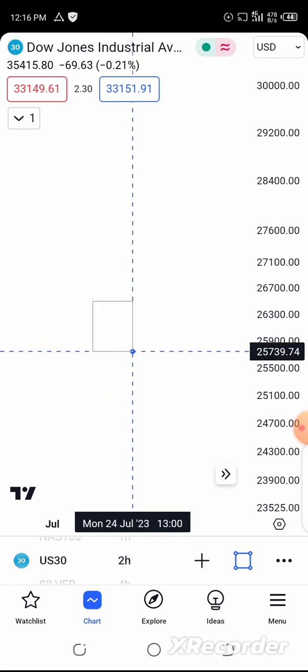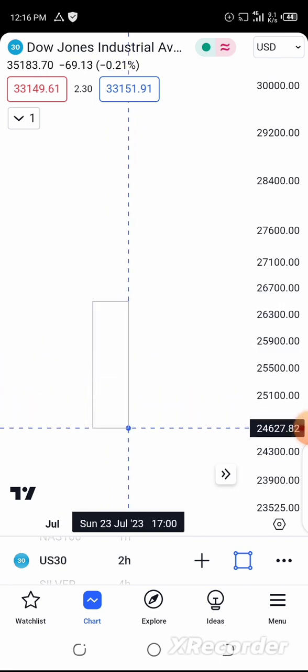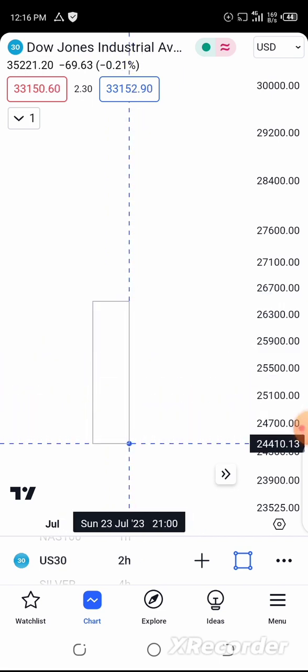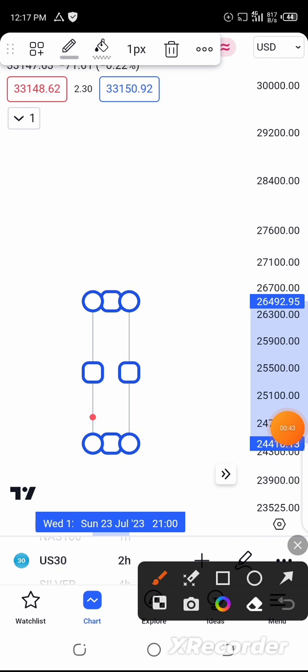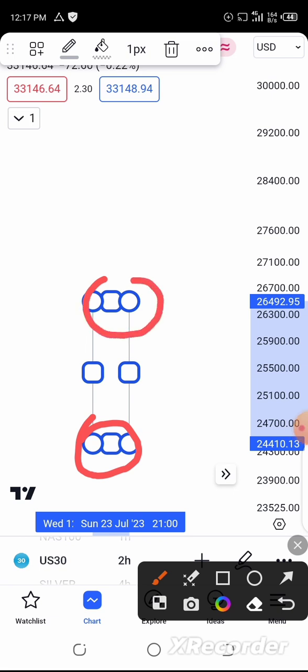is your impulse, right? Let's say you're going to have a low here, and you will have a high here, right?